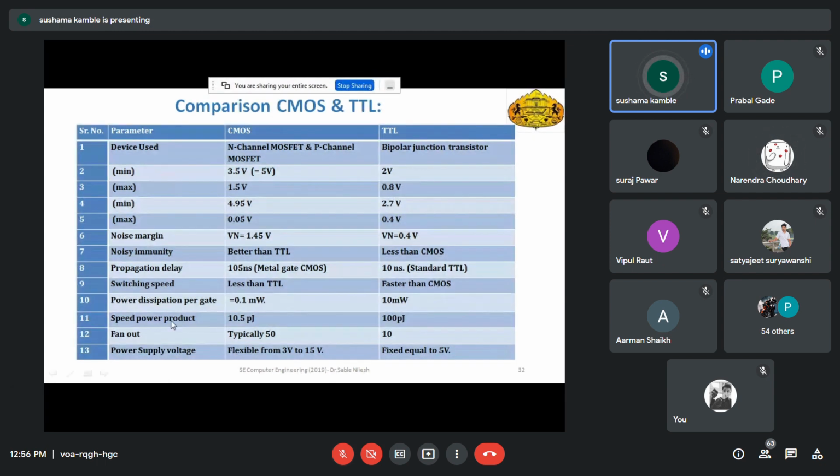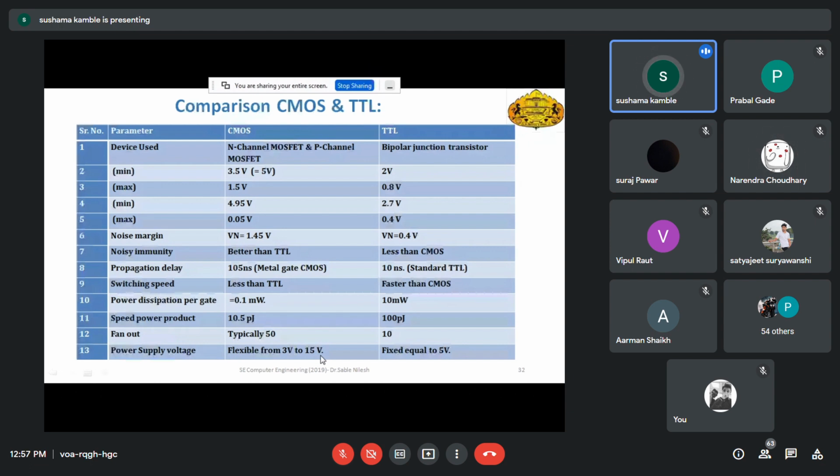Power dissipation per gate is 0.1 milliwatt, and here 10 milliwatt. Speed power product is 10.5 picojoule and 100 picojoule. Fan out for MOSFET is typically 50 and for BJT it is 10. Power supply voltage is flexible from 3 to 15 volt, and for TTL it is fixed at 5 volt. These two parameters are also important.